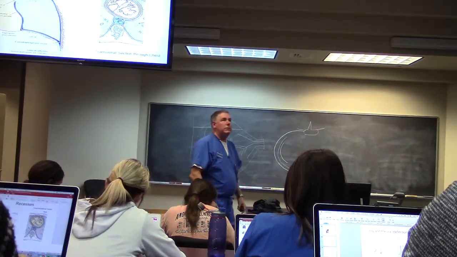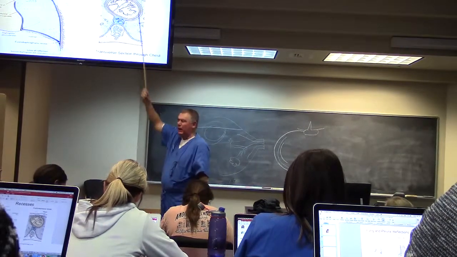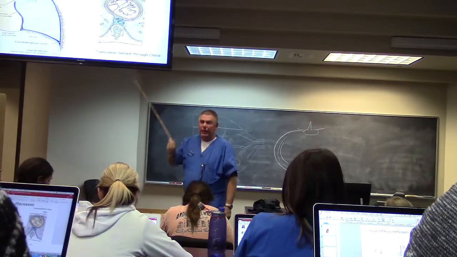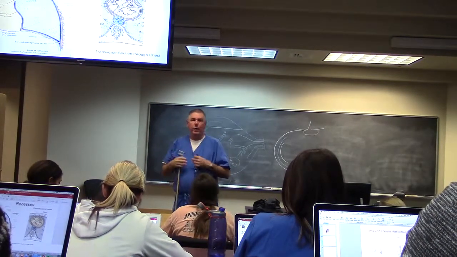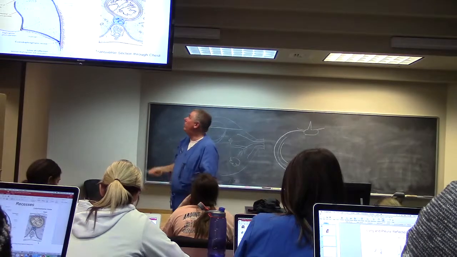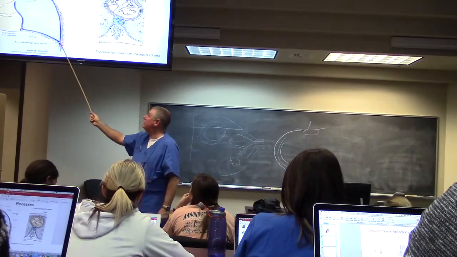I don't think there's really much clinical significance of that unless you're dealing with tumor enlarging into that area. You'll probably never hear that word again. You will hear this word, though, here, costodiaphragmatic recess.